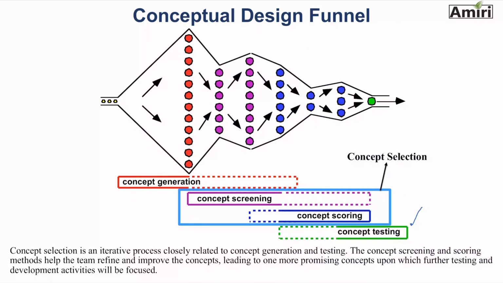Concept testing is sometimes called resonance testing, because it's a way to learn if a product concept will resonate with customers. So this is part of that narrowing down of concepts and part of the funnel.